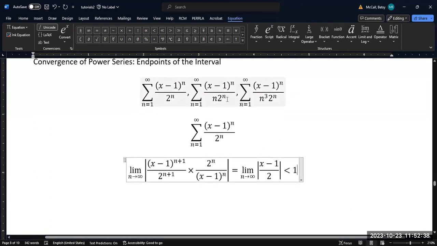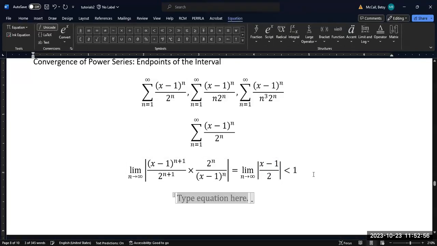Now, all of these examples are going to have initially the same interval of convergence. The only difference is going to be whether the endpoints are included. So what we end up with is the absolute value of x minus 1 over 2 to be less than 1.